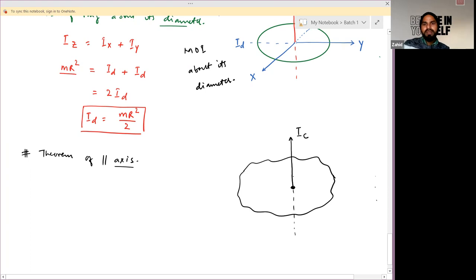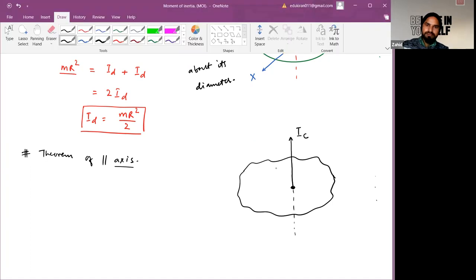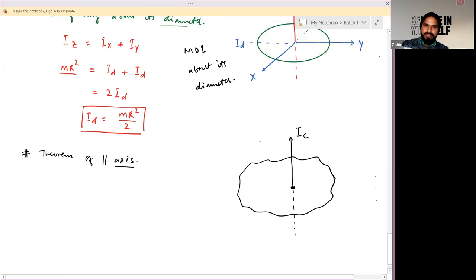Now, draw an axis parallel to it along its plane in any direction. Separation between the two axes is h, and these two axes must be parallel to each other.